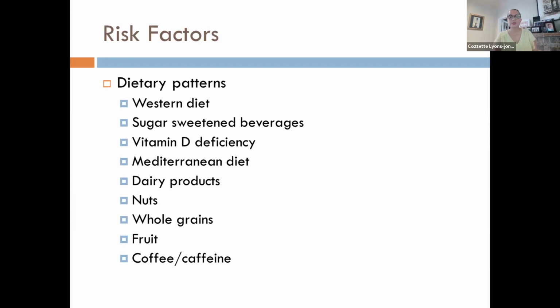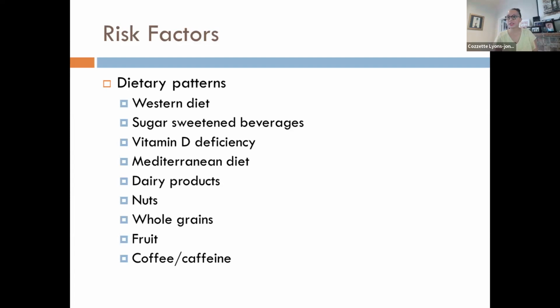It's a good diet option. Dairy products, actually, in someone who's overweight, the studies have shown that increased consumption of dairy products, milk, actually lowers your risk. Consumption of nuts and peanut butter, particularly in women, can lower your risk. Eating brown rice over white rice, and whole grains, can reduce your risk.